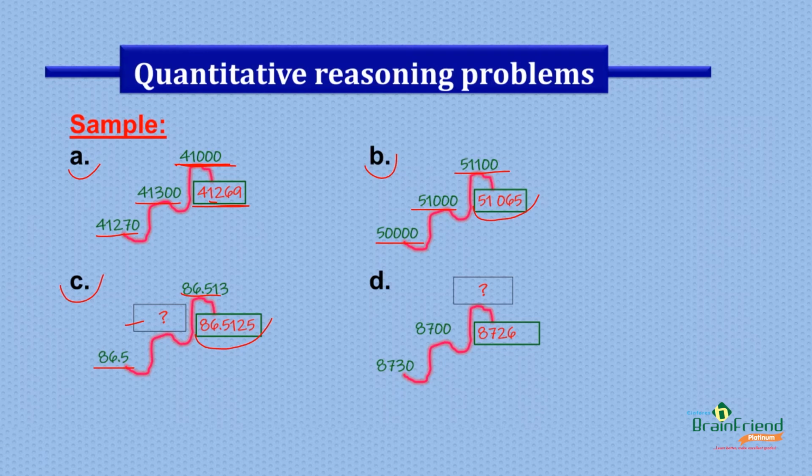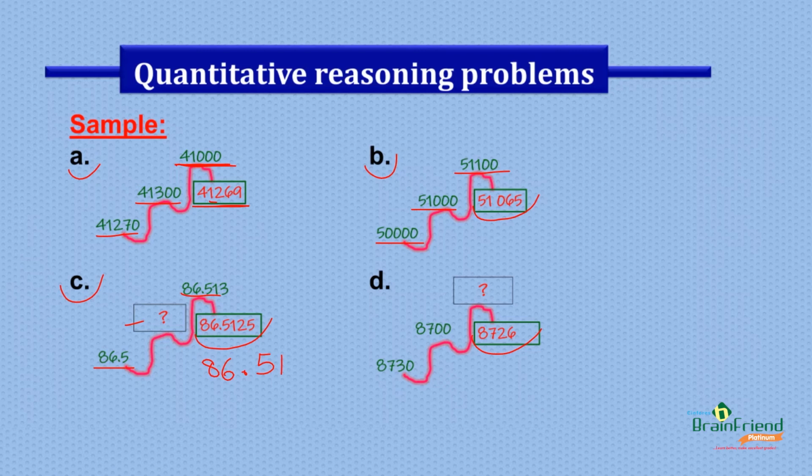It means our answer here is going to be to approximate the number to 2 decimal places, and that will be 86.51.